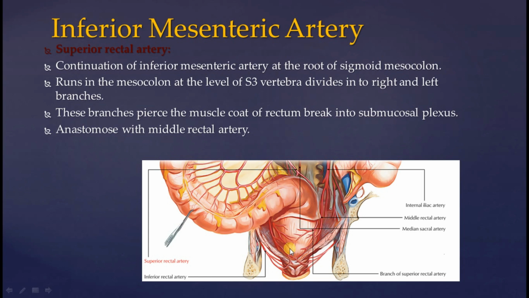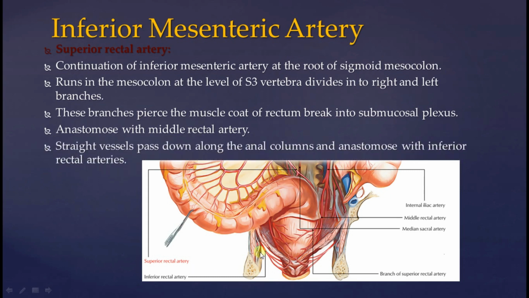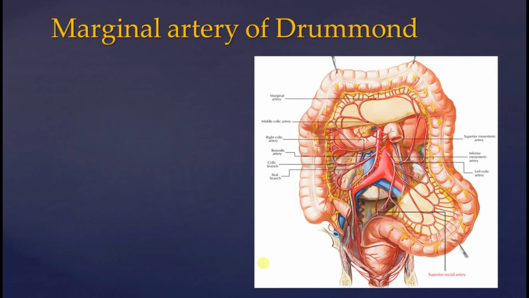So the superior rectal artery anastomoses with the middle rectal, and also with the inferior rectal artery. The straight vessels in the anal canal are anastomosed with the inferior rectal artery. Superior rectal artery anastomoses with the middle and inferior rectal arteries.